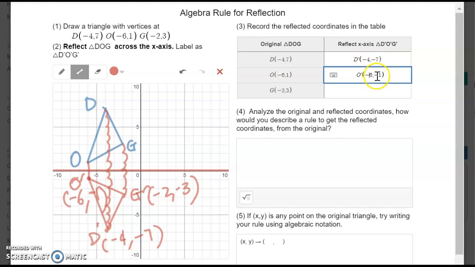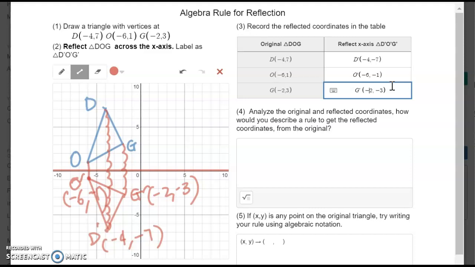Okay, and then finally the G prime has the coordinate of (-2, -3). Great. Alright, so I lost the negative sign again here. Okay, it's (-2, -3).